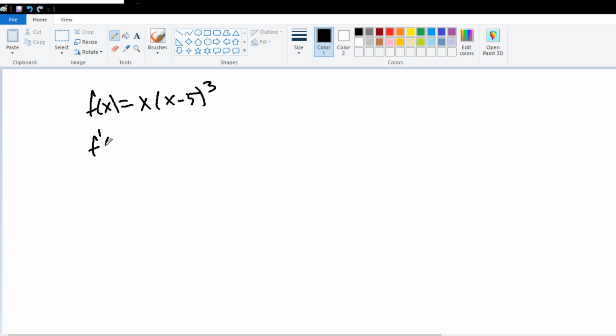So we get f prime of x equals, product rule, chain rule is fine here, (x minus 5) cubed. So the derivative of the first is 1 times the second, plus the first times the derivative of the second, times the derivative of the inside, which is 1. So this is our derivative.